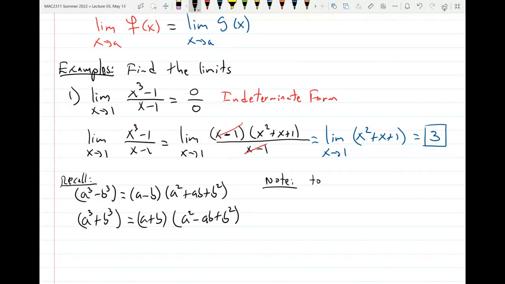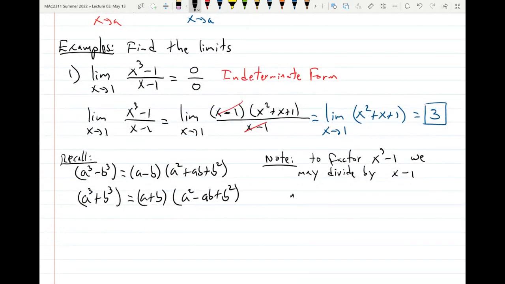Okay, so to factor x cubed minus 1, we may divide by x minus 1. I'm going to do it by using synthetic division. So remember how you do that. You put a 1 here, then you put the coefficients of your polynomial, x cubed minus 1, so it will be 1, then 0 for x squared, 0 for x, negative 1 for the constant term, and then we create a little table like this.